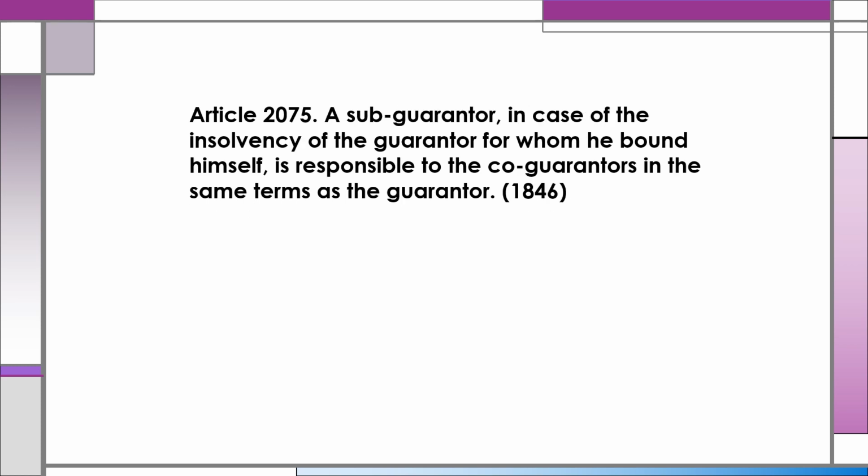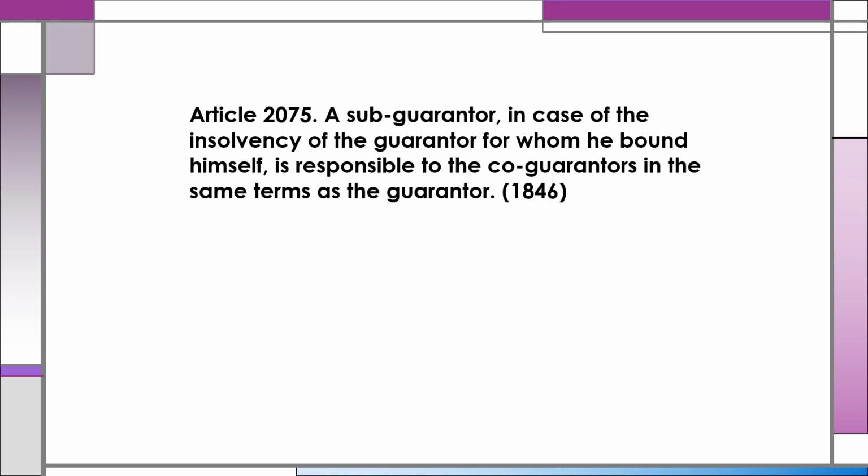Article 2075. A sub-guarantor, in case of the insolvency of the guarantor for whom he bound himself, is responsible to the co-guarantors in the same terms as the guarantor. So, the situation in 2075 is that there are several guarantors, for example, guarantors A, B, and C, and then one of them, for example guarantor B, has a sub-guarantor.